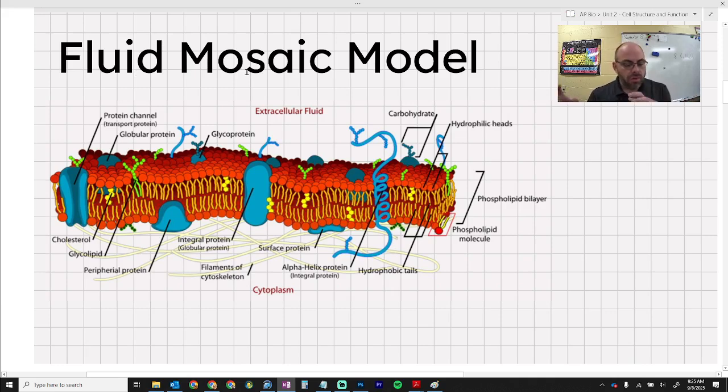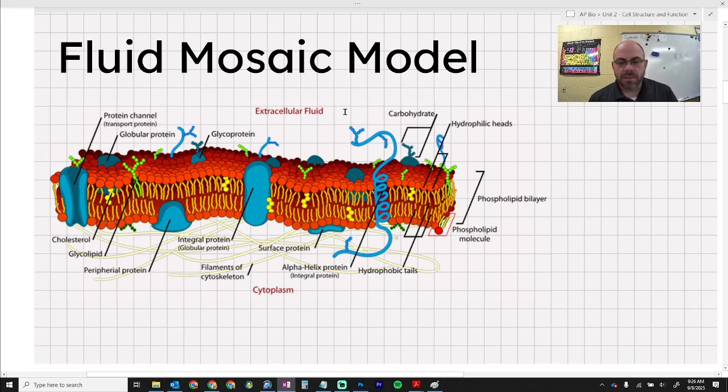It's moving around, right? And so all of these pieces, these proteins and these phospholipids and these squiggles, squiggles is not a technical term, they're all moving around. They're all constantly moving, and they're constantly moving in order to adapt to the cell's needs.